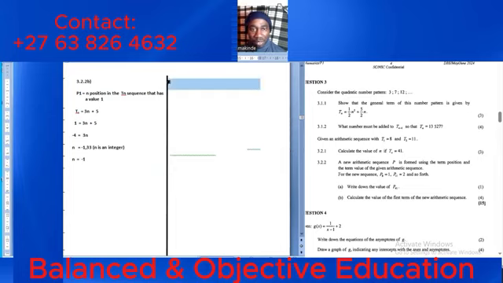So for the second term, we have to make Tn equal to 2 and solve for the value of n. So if we make Tn 2 for the second term, P2, and solve for n, if we take this plus 5 to the other side, it becomes 2 minus 5, which is negative 3.